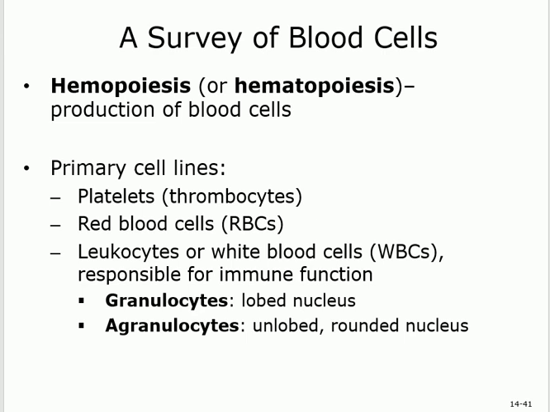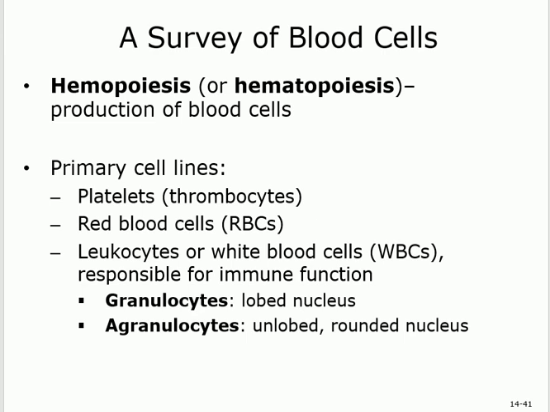So these white blood cells are granulocytes and agranulocytes. What does A mean? No or without. So those that have granules are called granulocytes. Those that do not have granules are called agranulocytes. Notice that those that have granules have a lobed nucleus, with multiple lobes.